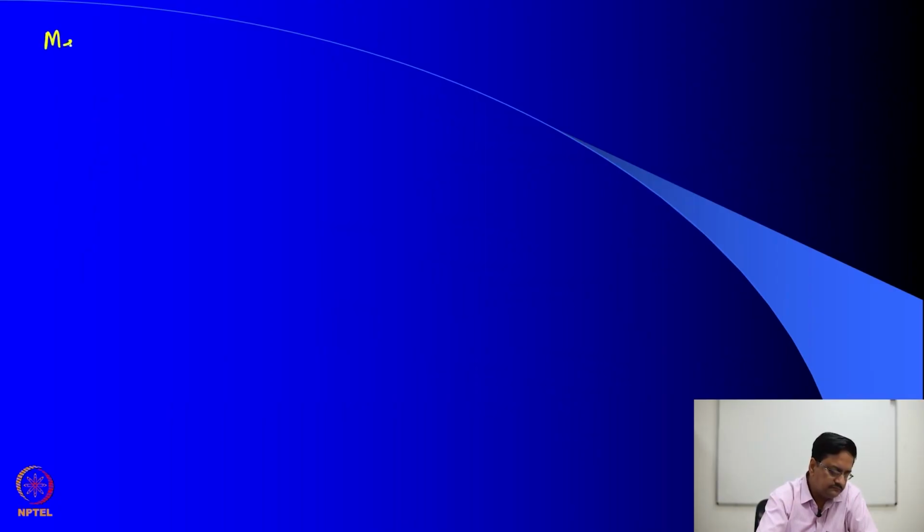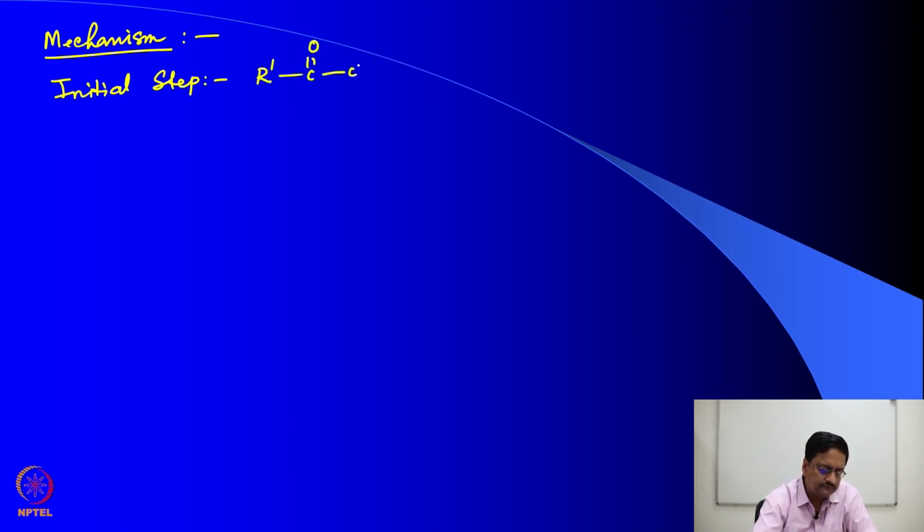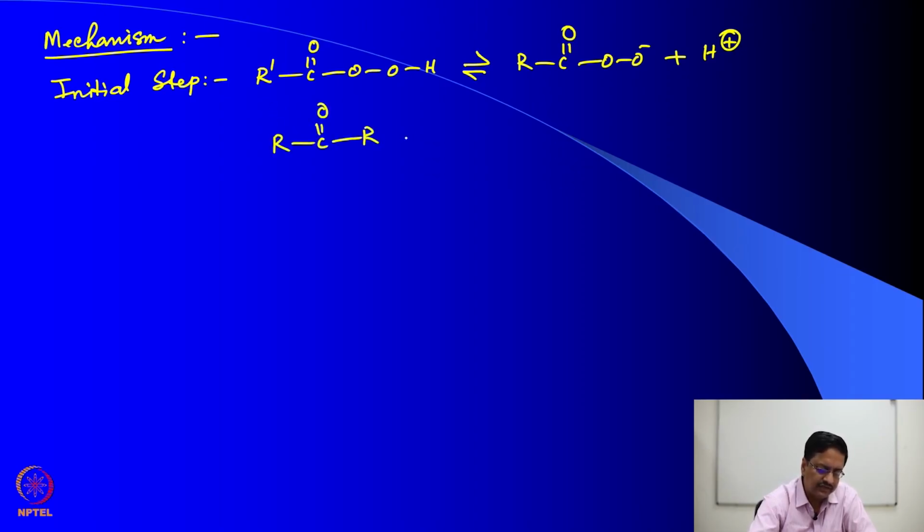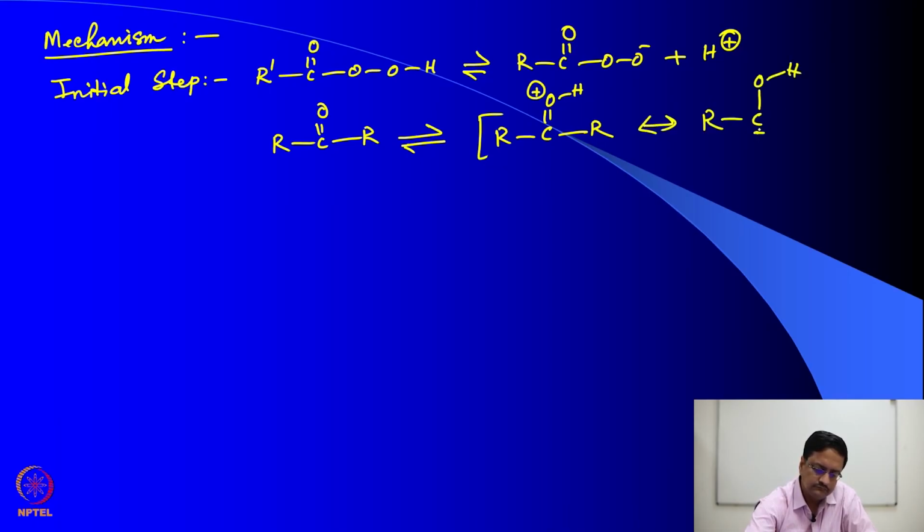So, the mechanism involves a few steps. The initial step, where the peroxy acid is dissociated to peroxy anion plus H plus, and this H plus is then taken up by the corresponding ketone to form the adduct, which is also resonance stabilized.